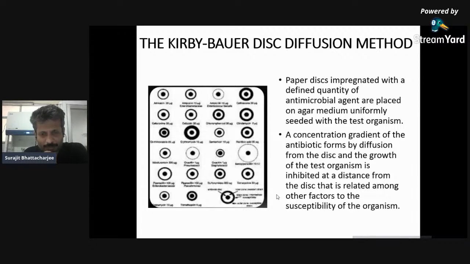If the compound is inhibitory in nature, that is, antimicrobial, then along with their concentration gradient the growth of the bacteria is also inhibited. Based on the distance from the disc to the clear zone in the medium, we can determine the susceptibility, or the inhibitory activity of the compounds on the tested organism.